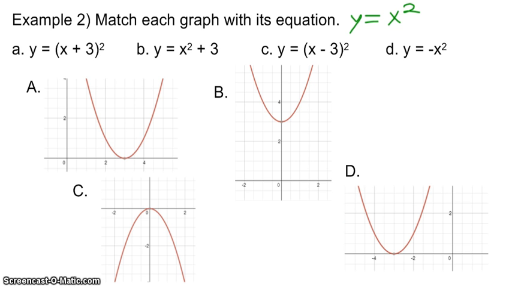Since it's plus 3, we want to think we're moving the opposite of that, like negative 3, so we're moving left 3. Of these 4 options, which graph moved left 3? Graph D moved left 3 because it started at the origin and moved left 3 units. So part A is matched with graph D.